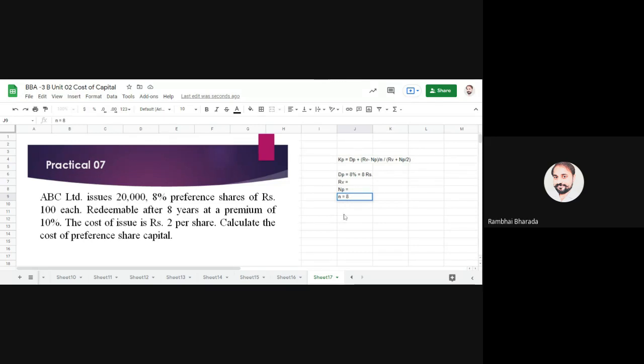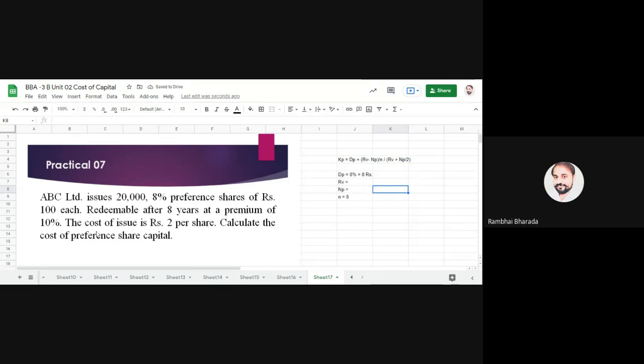Moving ahead. Redeemable after 8 years at a premium of 10%. Now just remember the case of Nishit and Mike. Whenever I have given money, at a time only 2 lakh rupees are there, but when Nishit comes to me and he pays me some amount, he has paid with some additional amount. So here this 10% is all about redeemable premium.